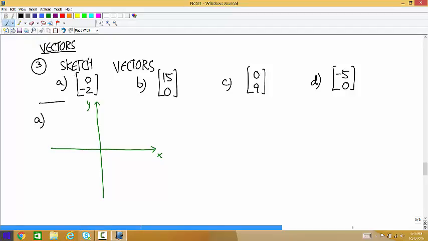So you don't go anywhere in x, you go down 2, and then just draw the vector into place like that. So that vector is this.